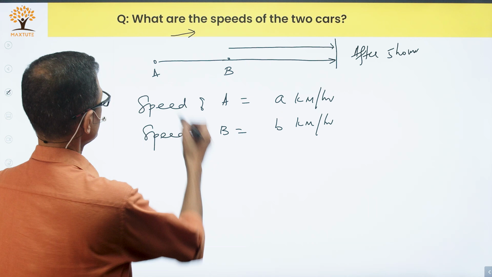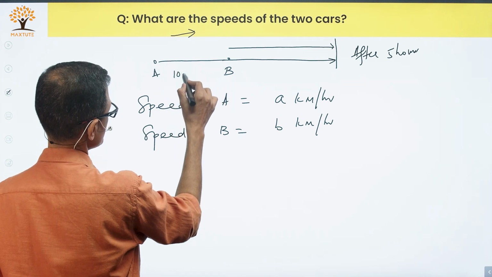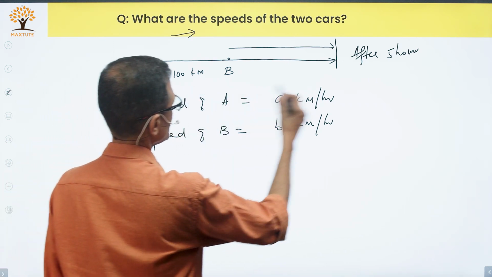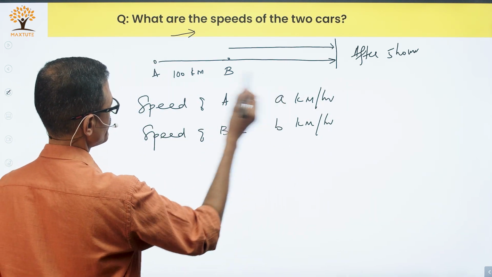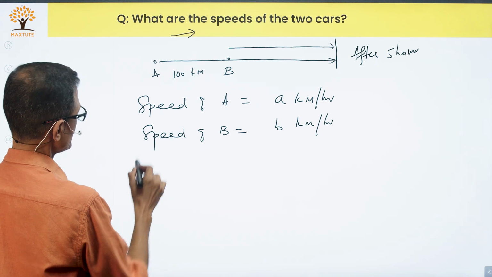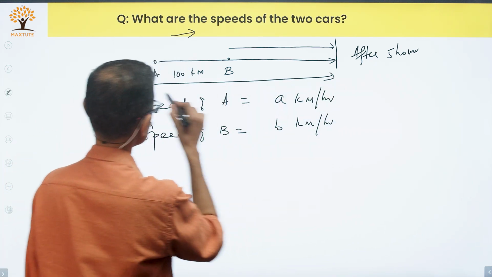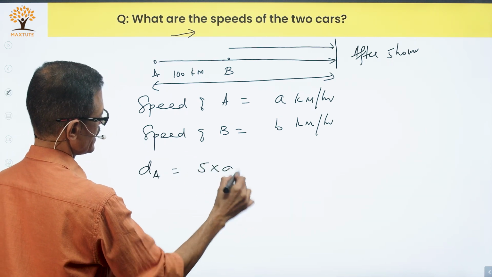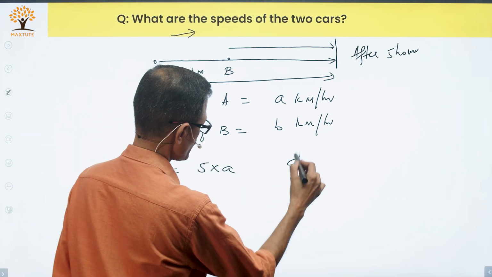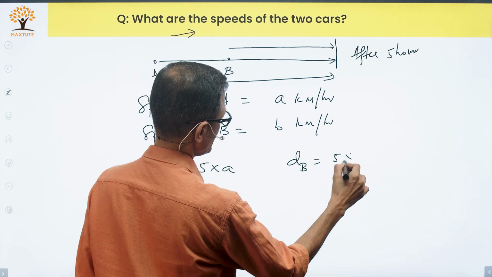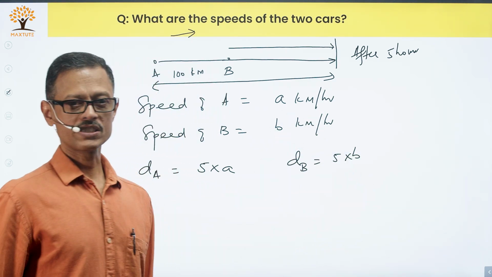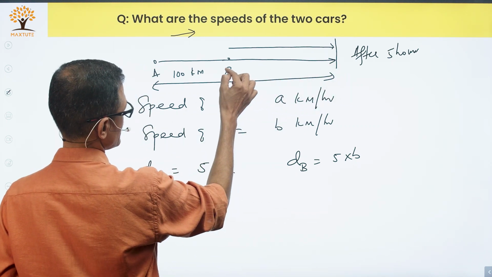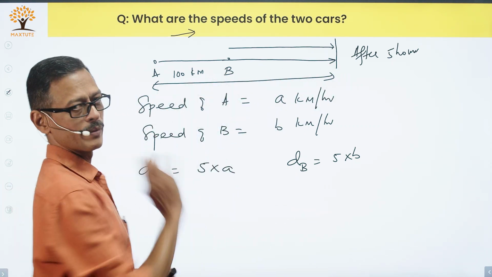Now look at it. The distance between these two places is equal to 100 kilometers. The distance traveled by car A in 5 hours is the speed of car A into time. Distance for car A is equal to 5 into A. Distance for car B is equal to 5 into B, the speed of B into the time for which it has traveled. Obviously, whatever the distance car B has traveled, car A has traveled an additional 100 kilometers.